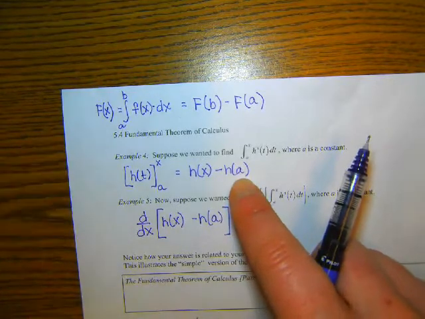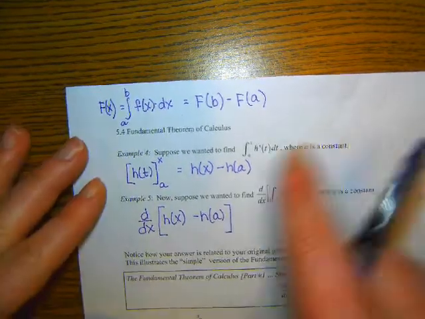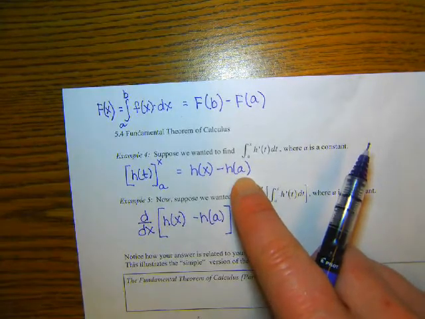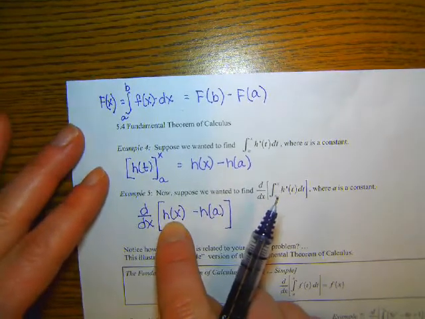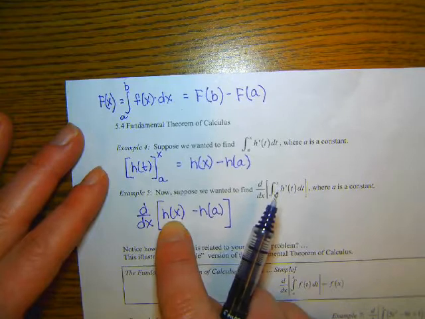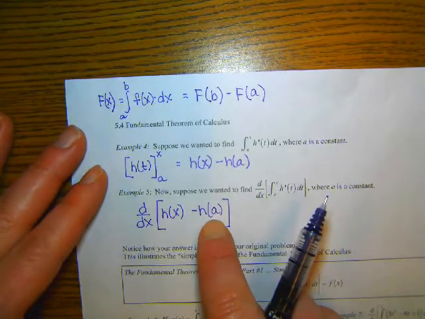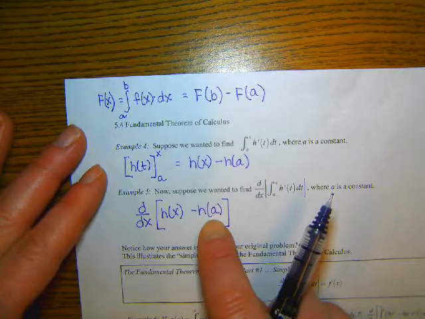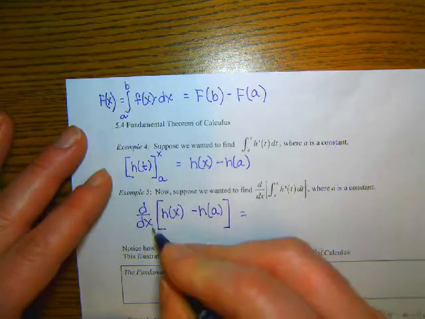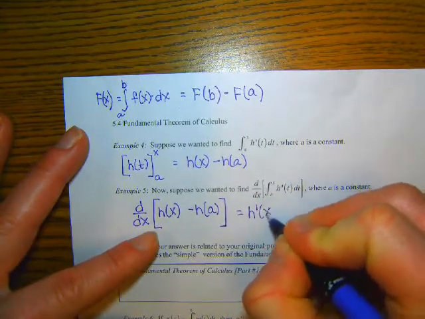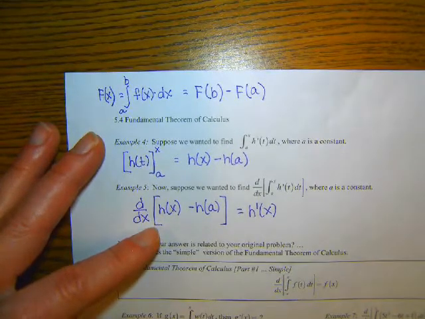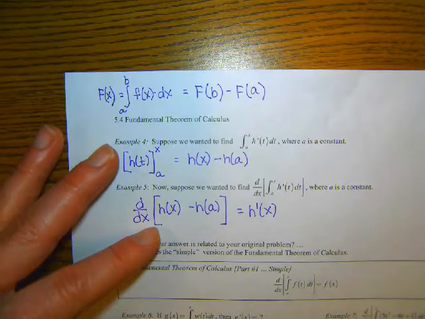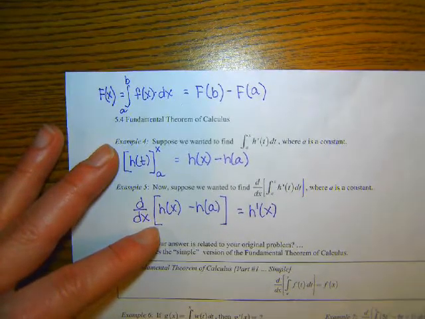Let's say h of x is x cubed. If I plugged 5 in for x cubed, wouldn't I get a value? Yes. So if I want the derivative, would you agree it's going to be in terms of x? If I asked you to find the derivative of a constant, what's going to happen? It's going to cancel. So what this would be then is just h prime of x. So I just confirmed what we just said.